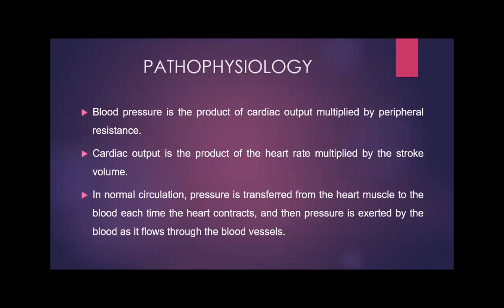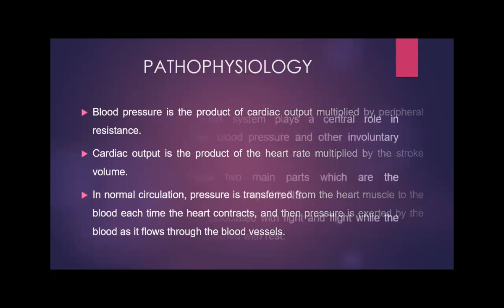So the pressure is generated from the heart muscles, then it is imposed on the blood each time the heart contracts, and then that pressure is exerted on the blood vessels. That's basically how blood pressure works.